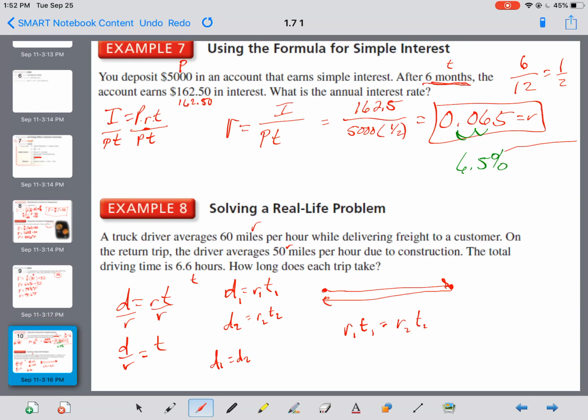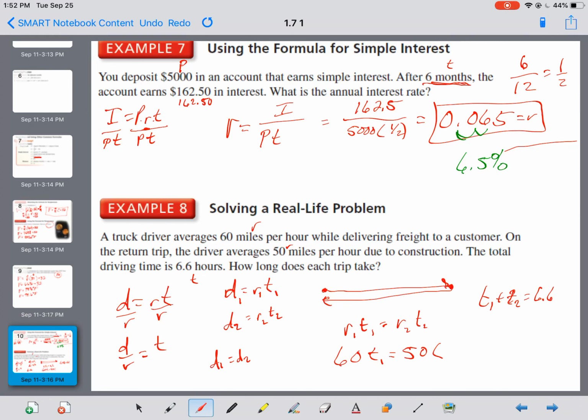We're told the total driving time equals 6.6 hours. We know T1 plus T2 equals 6.6. So we can find what one of those is and replace it, because we already know that this is 60 miles per hour. We can say that's times time 1. And we've got 50 miles per hour.